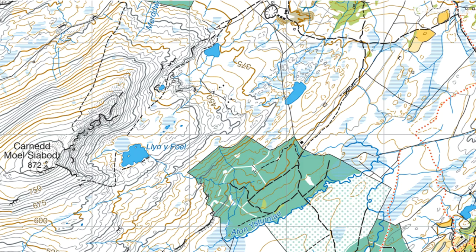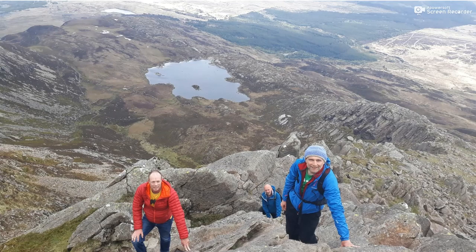But can we identify exactly where the photo was taken from? And what we're going to do is use something called transits, which is lining up two features and seeing if we can work out where they are in relation to us, and work out where the photo was taken from. So let's have a look.